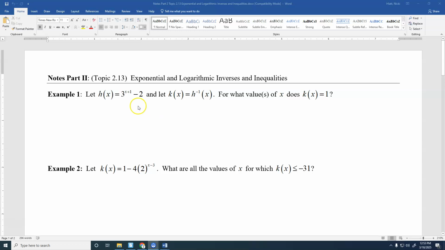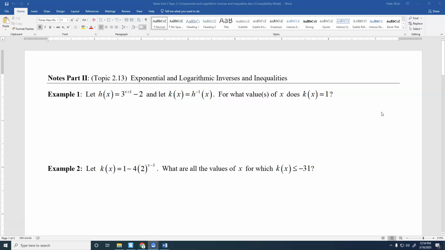So, they're asking us where k of x equals 1, but k of x equals h inverse of x. I think it's kind of clunky to even say that. I don't know why they don't just use the h inverse, but they do things like this sometimes on the AP exam, so we got to roll with it whenever they do. So basically they're asking, when does the inverse equal 1?